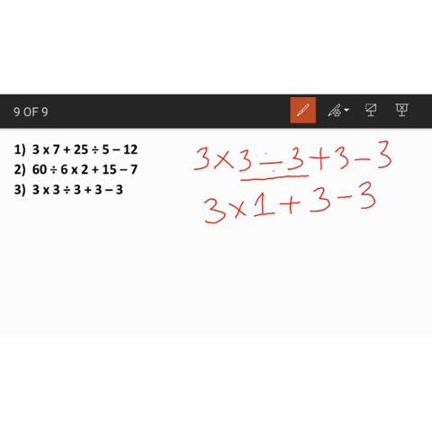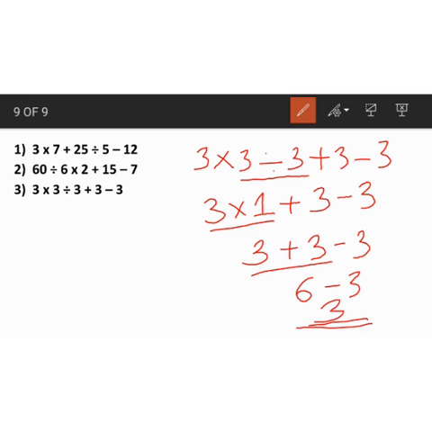So 3 into 1, it is 3 plus 3 minus 3. Now we have to do the addition. So 3 plus 3 it is 6 minus 3 is equal to 3. This will be the answer. When we are doing the simplification, here our answer is 3. So we have to follow the rules correctly.